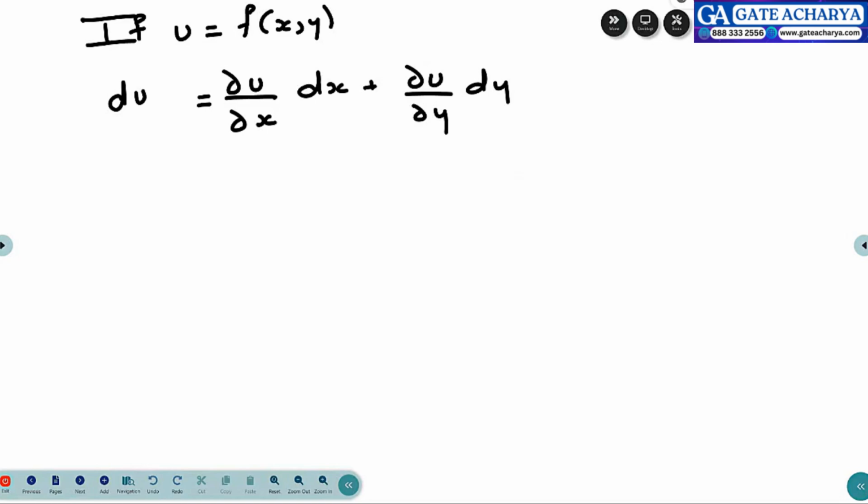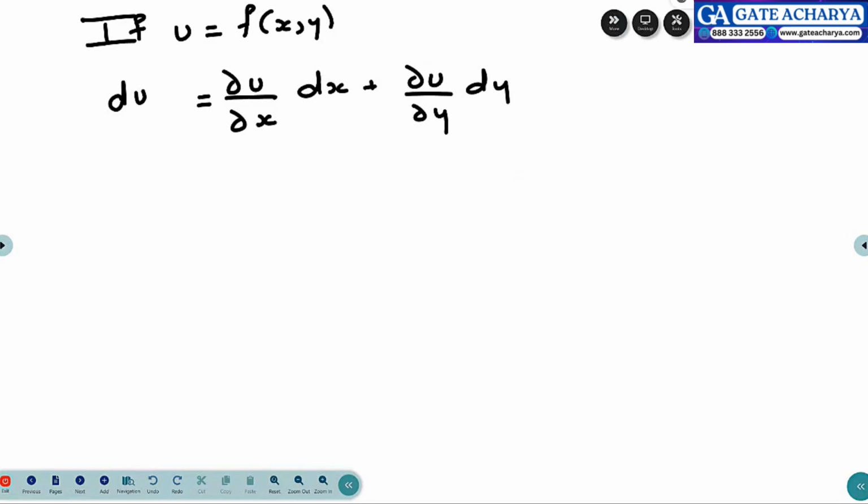Dou u by dou x into dx plus dou u by dou y into dy. Now guys, if I want to extend this further into total differentiation, what is total differentiation? It is finding du by dx, not dou u by dou x. We sometimes write in textbooks capital D u by capital D x. That is what is known as total differentiation. The only way to do that is that I also need one more thing, the connection between x and y. Without knowing that, I cannot do this further.